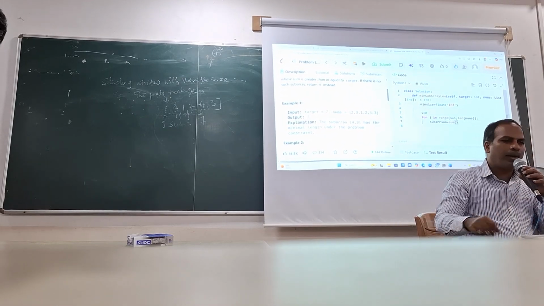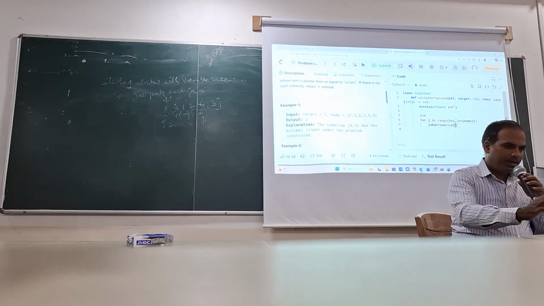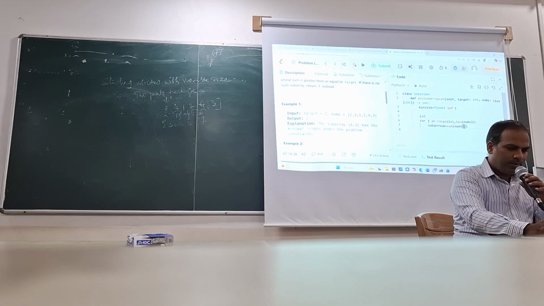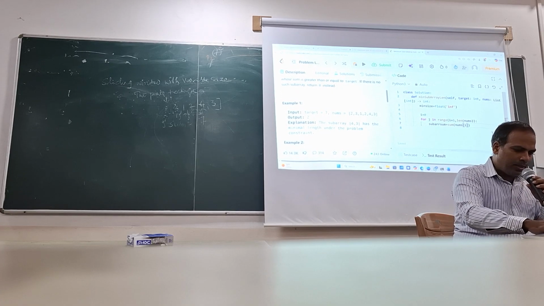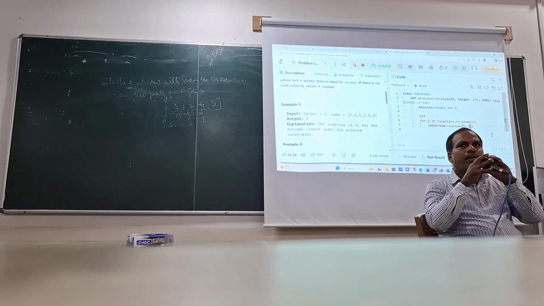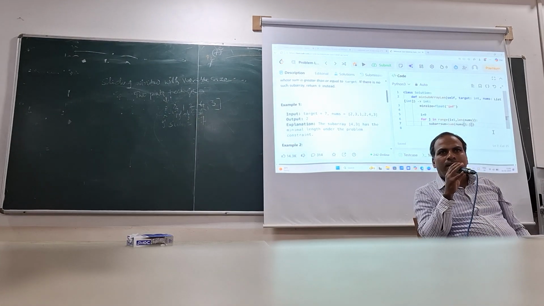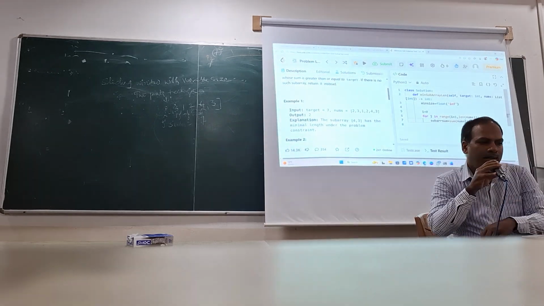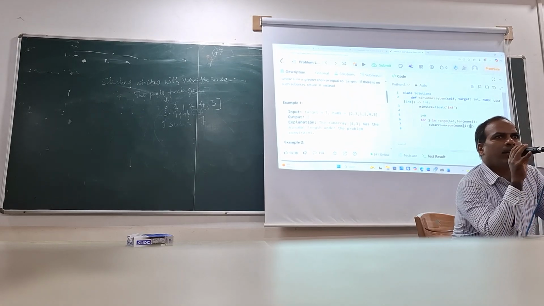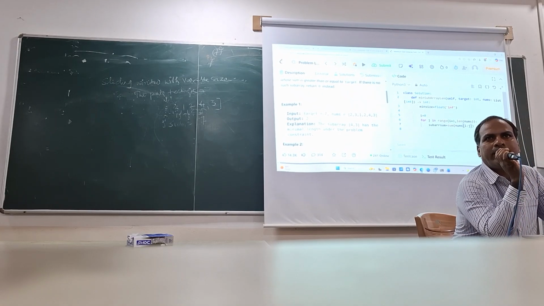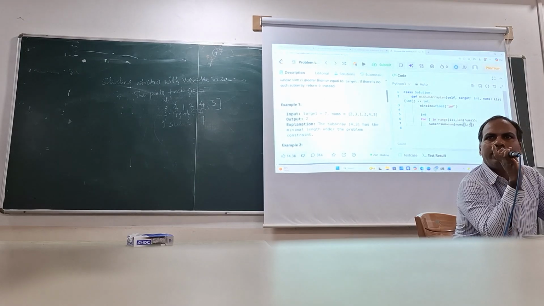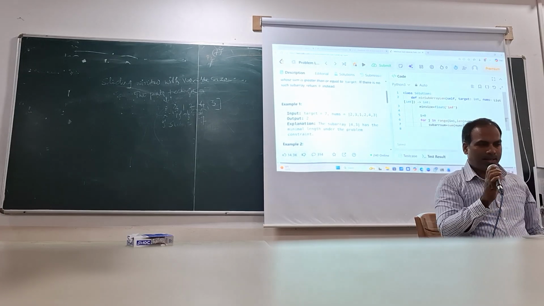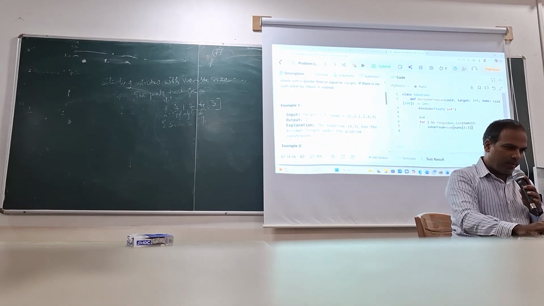Sum of nums of i colon j. Am I right? Nums of i colon j means the subarray of that length. Here i is 0, j is 1, so it only takes the element at 0, only one element. I hope you understand. So I got my subarray sum.